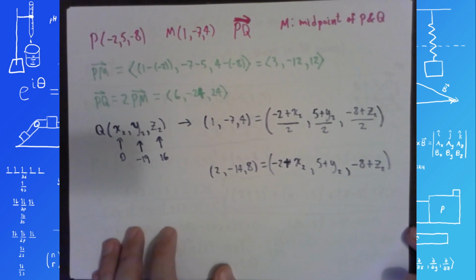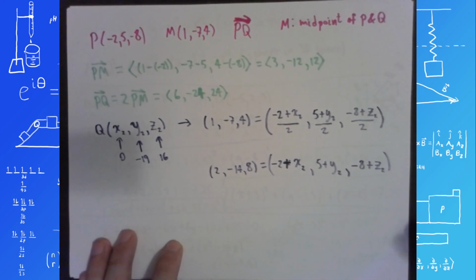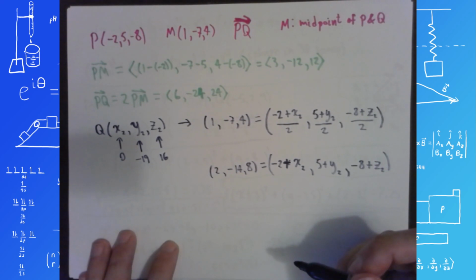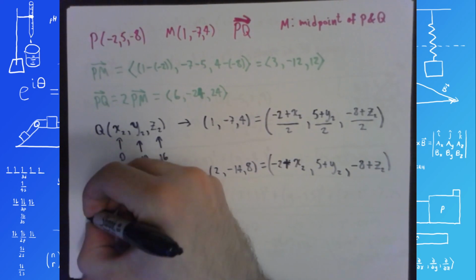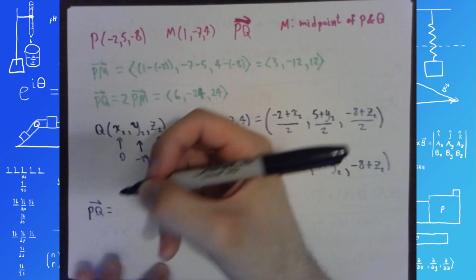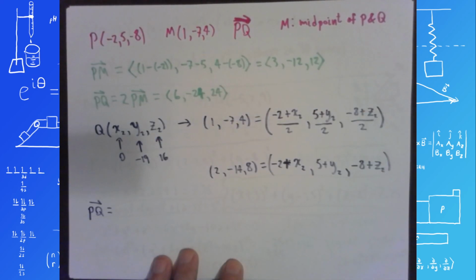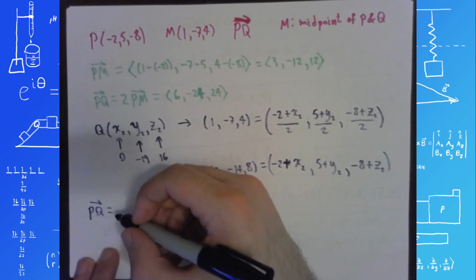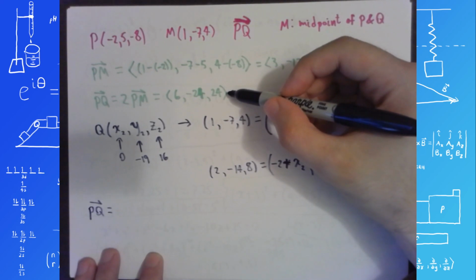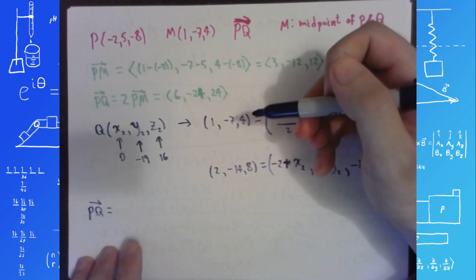Okay, and now we have another step, which is figuring out the changes in x, y, and z between P and Q. So PQ is equal to... I can't believe this one problem ended up taking up pretty much a whole page. Just goes to show you that when you realize there's an easy route, you should just take it.